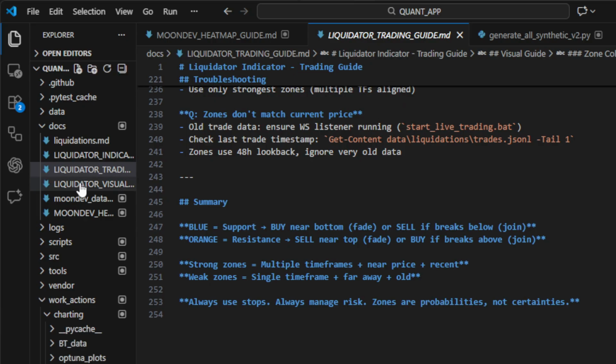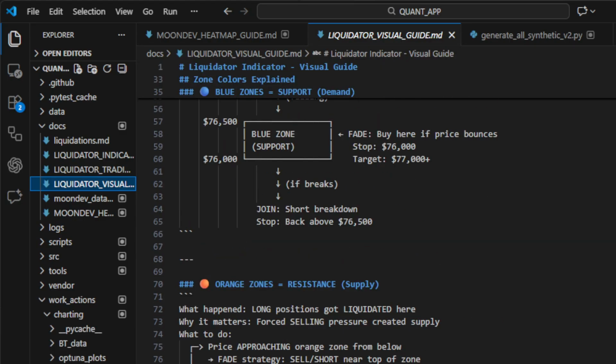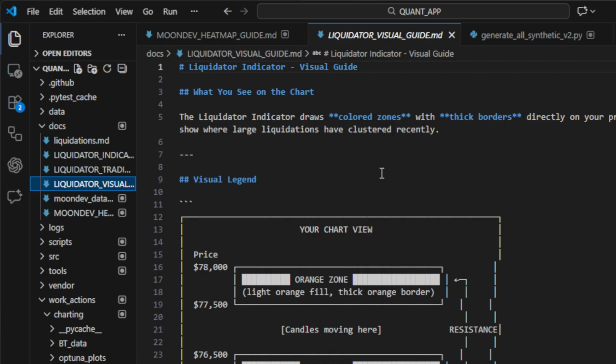Let's move on to the visual. We also already saw the visual, but I want to show you the research I did before I started to build. This is how you guys should perform your research. For me, it all starts on paper. It's like making these videos every day.